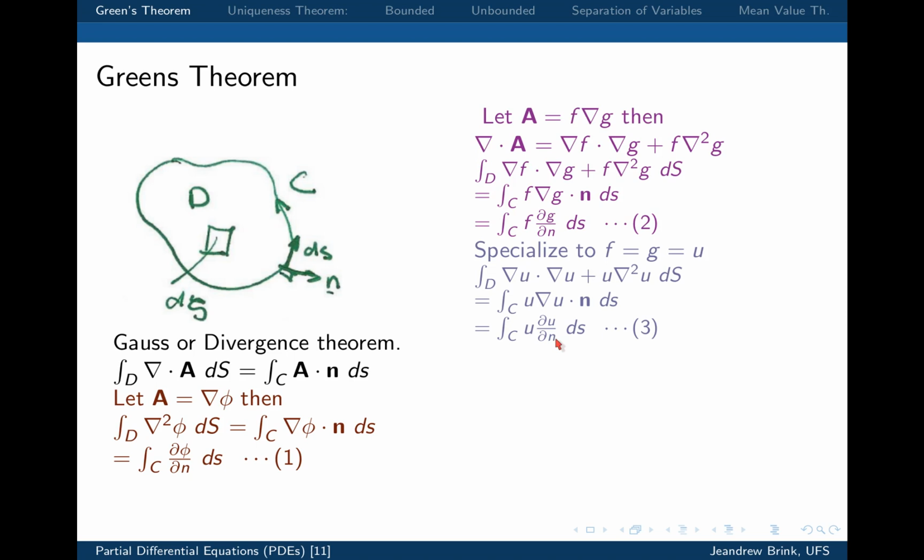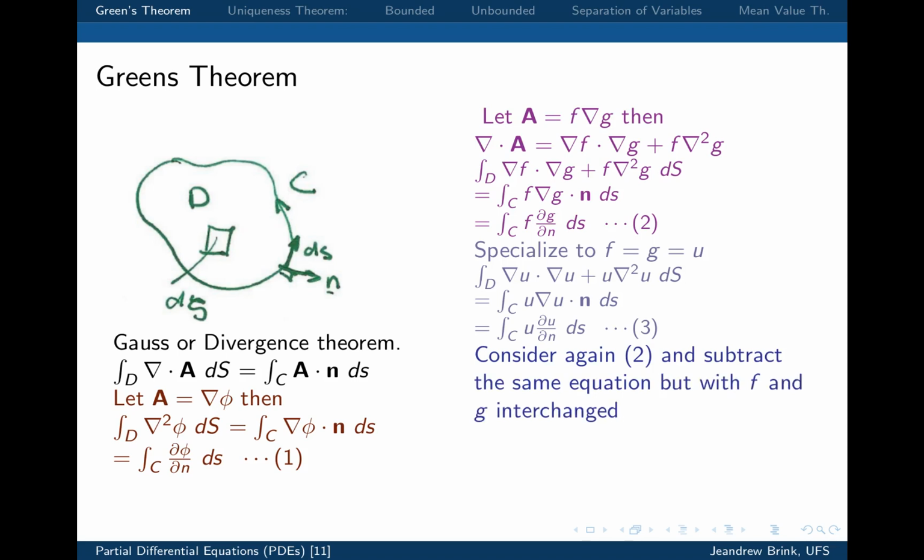Now we can do one last thing that we're going to need. Let's take number 2 again, and consider another one, number 2, but we've switched f and g and we subtract the two from each other. So subtract the same equation but with f and g interchanged. And the reason we do that is the moment we subtract the equations with f and g interchanged, we get rid of this term.